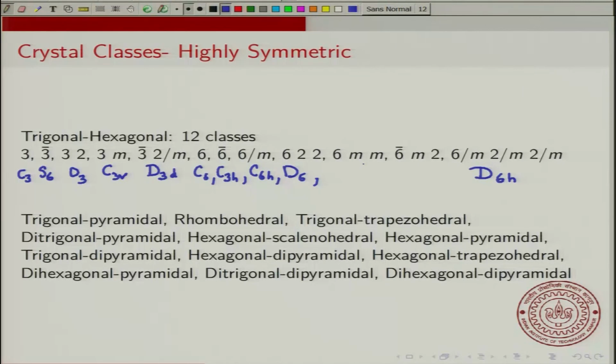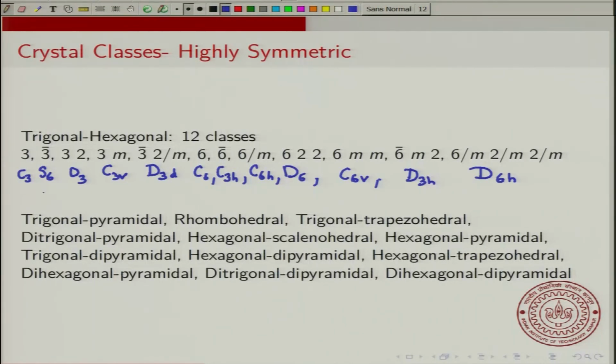So the 6 bar m2 is denoted as D3h, and 6mm is denoted as C6v. So these are the Schoenflies notations. If you are familiar with molecular group theory, you will recognize that v stands for a vertical mirror, h stands for horizontal mirror, and d stands for diagonal mirrors. But again I am not going to emphasize all these names.